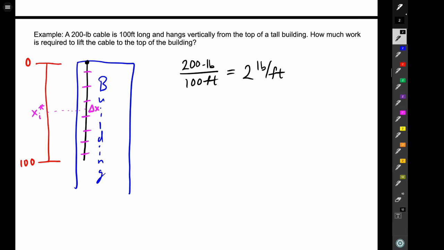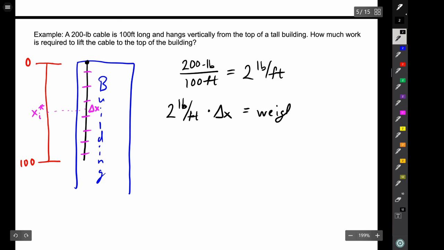To get the weight of this segment right here, we take 2 pounds per foot and multiply it by delta x, and this is going to be the weight of each segment.